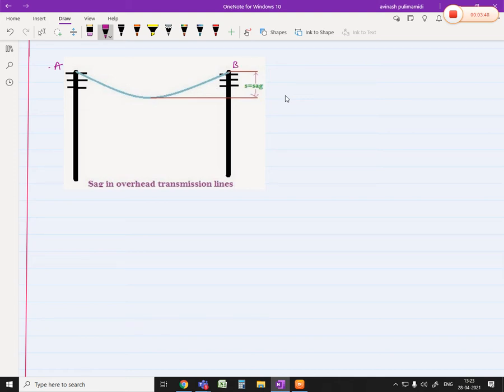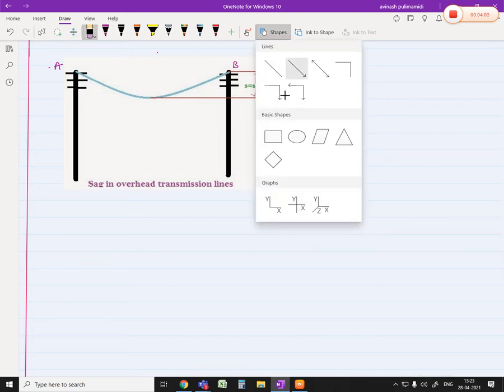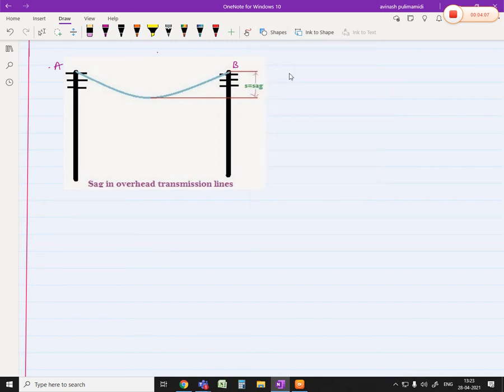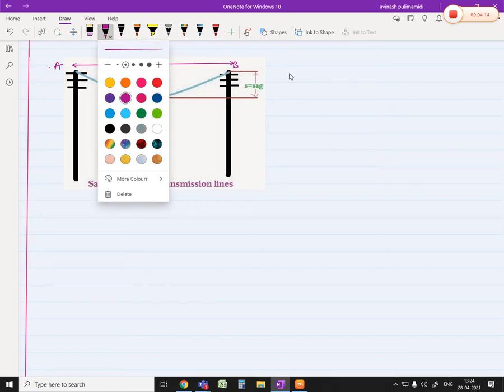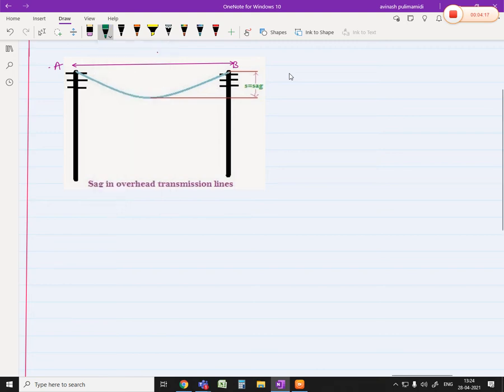Then the total length from this point to that point, so let us take this as the total length L, exactly at the middle of the transmission line.